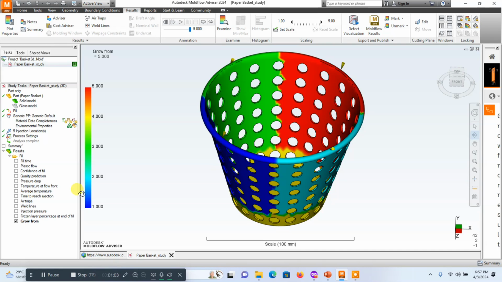Okay, but in this case, from the animation that we are playing and you're seeing right here, you're seeing that the filling of the gates are in successive sequence. One finishes before the other picks up and finishes. So definitely there's a high level of confidence in this particular growth form result.